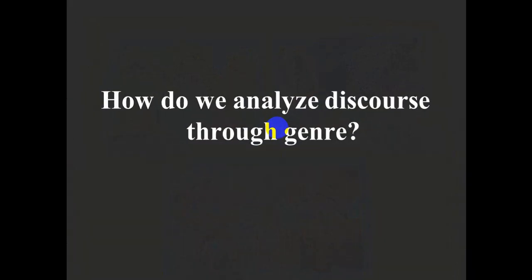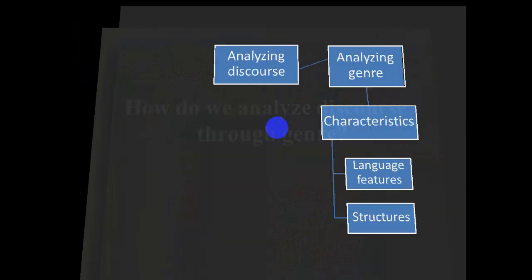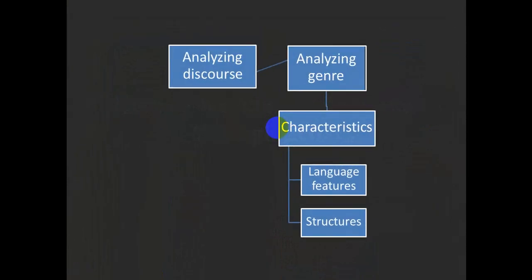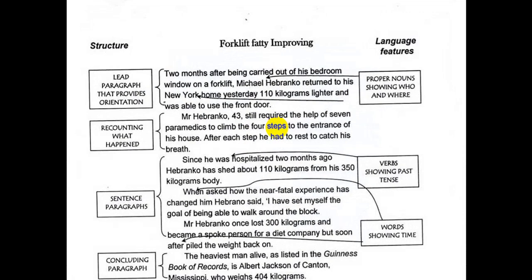So how do we analyze discourse through genre? In this table, you can see that analyzing discourse mostly refers to analyzing genre, and when you analyze genre, it has some characteristics: the language features and structure, as I mentioned before. Here is one example about a man who is improving his health.